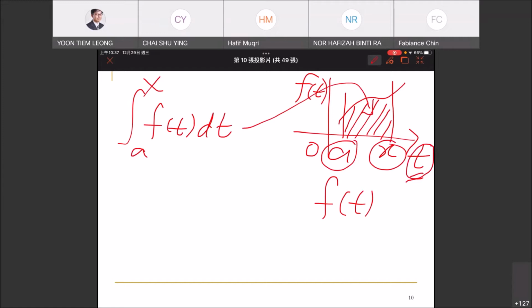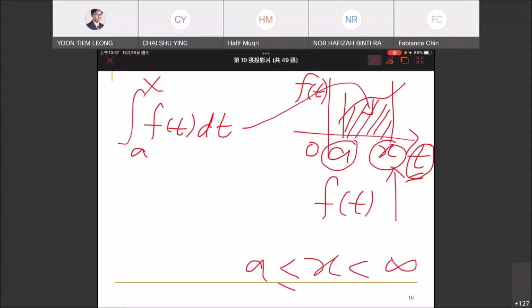I have a function f expressed in the variable t, then I integrate f(t) from a to x, where x is just a variable. You can imagine that x is a slider which I can slide from a to infinity.